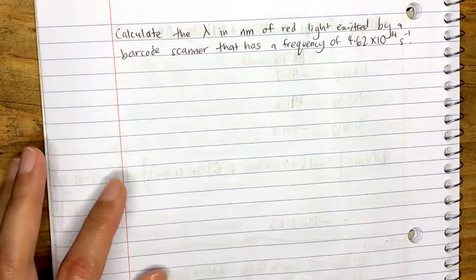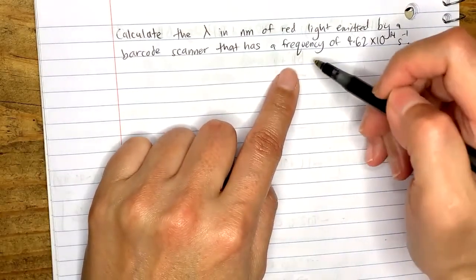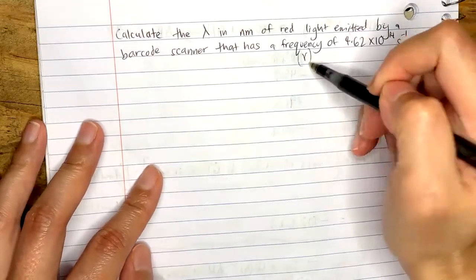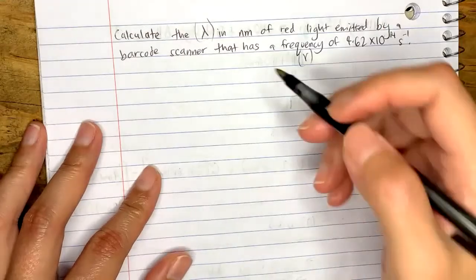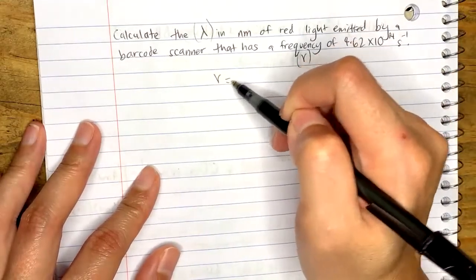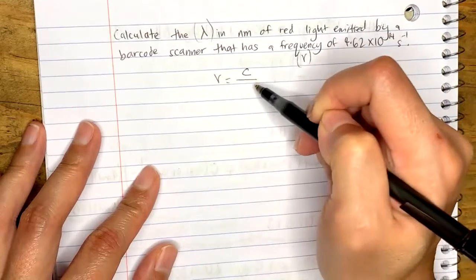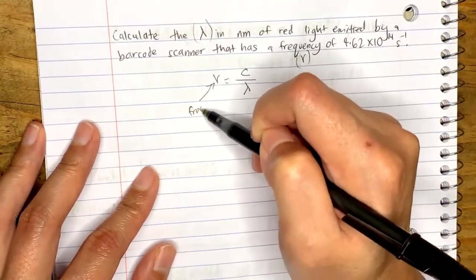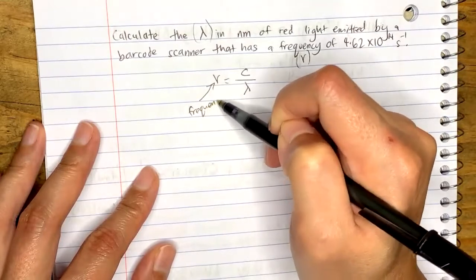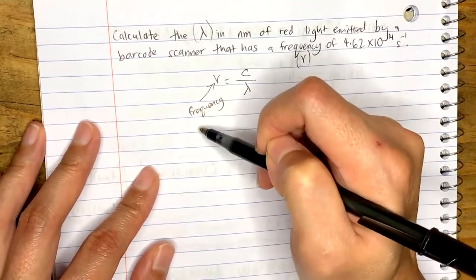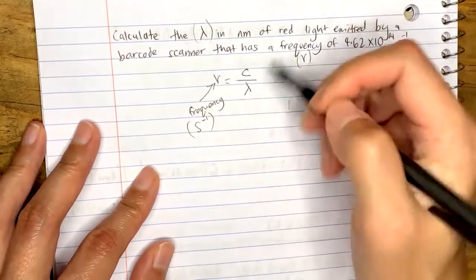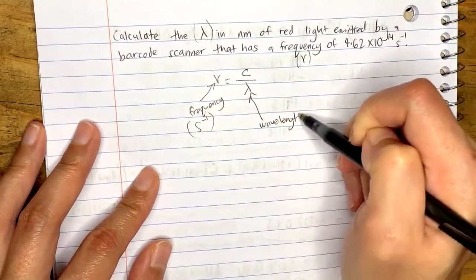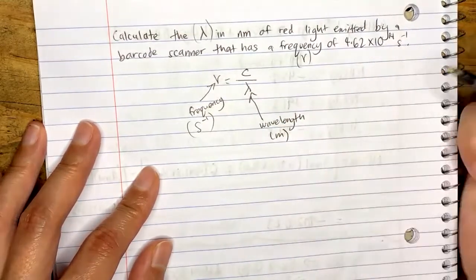Frequency here is going to be nu, that's the symbol for it. Our formula is frequency equals speed of light over wavelength. Let me write it out. Frequency, and our unit is per second. Wavelength, units of meters.